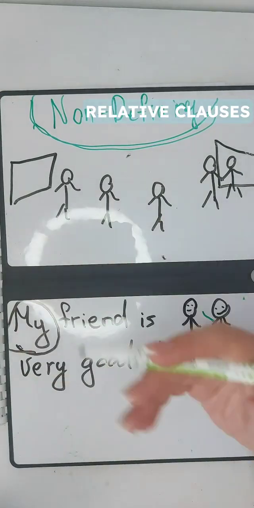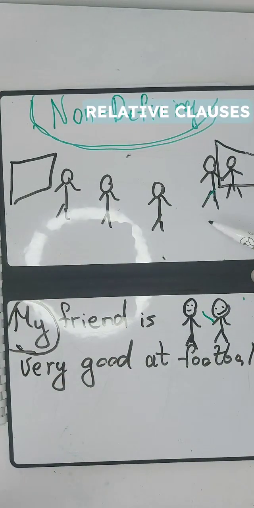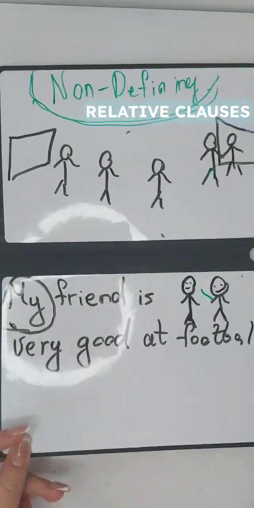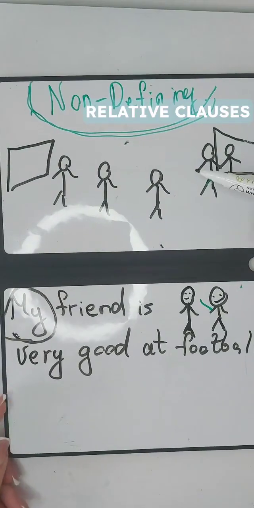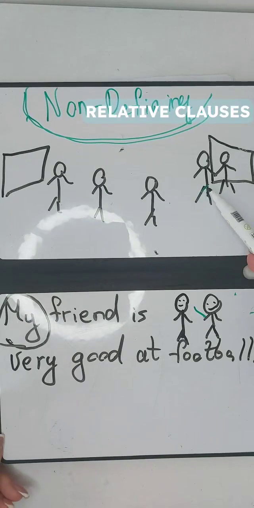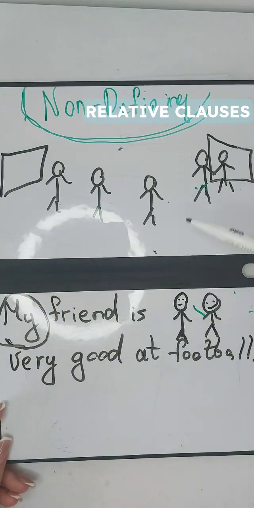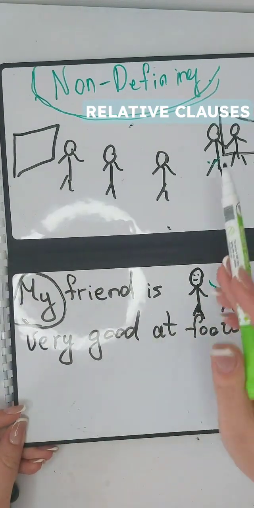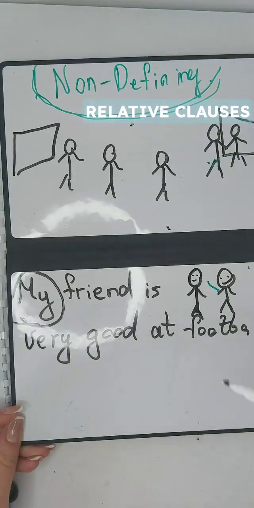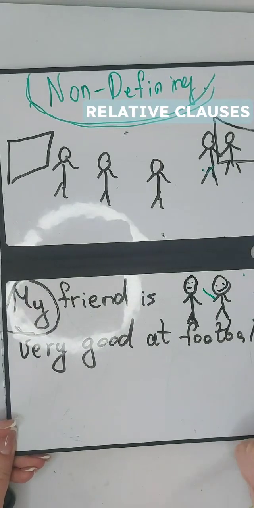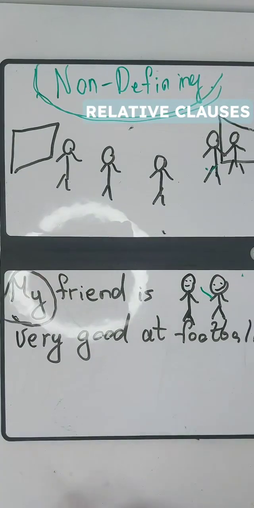Maybe we already talked about my friend. Or maybe you already used a passport. You already told them that the boy who's standing next to the goalkeeper is my friend. Of course, then you can continue talking and say, my friend is very good at football. So the listener already knows about your friend, okay?